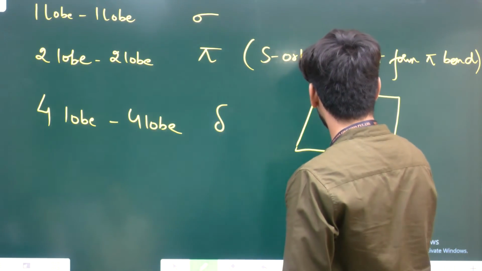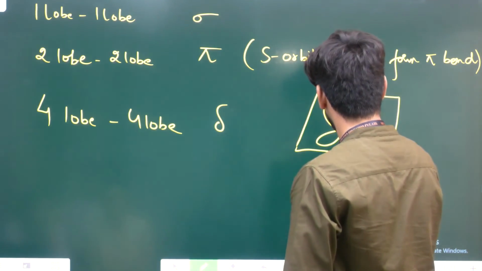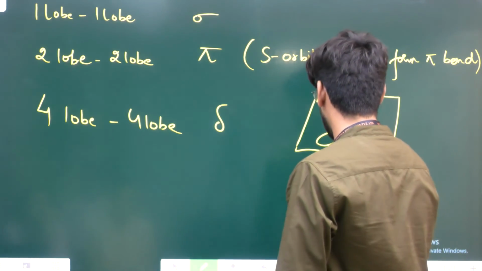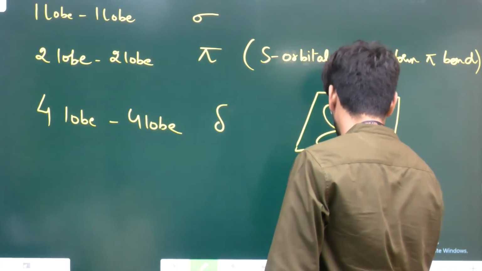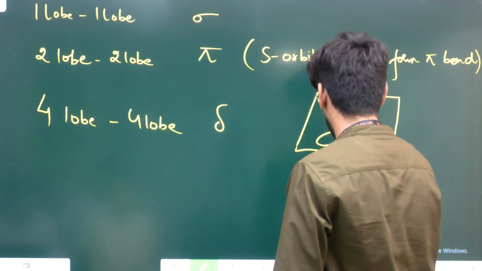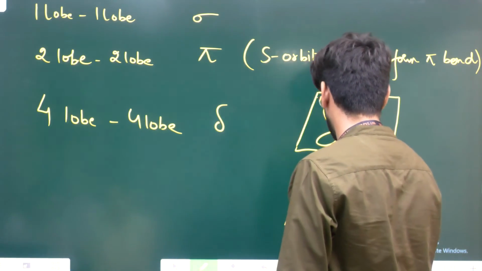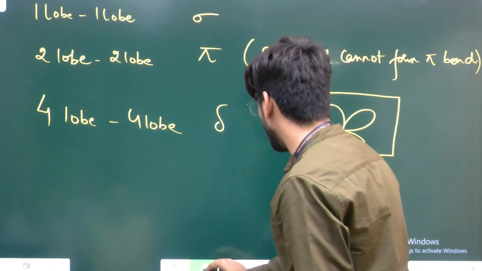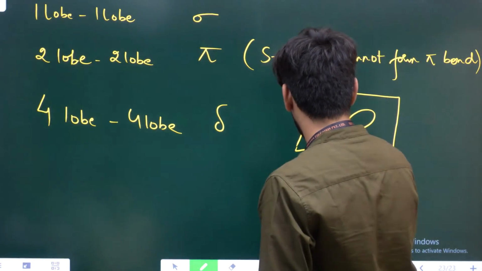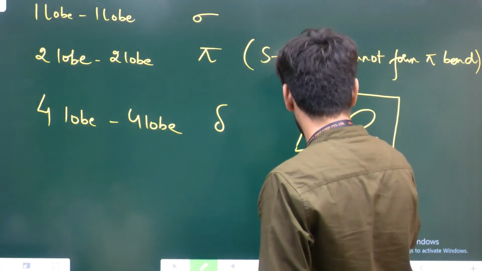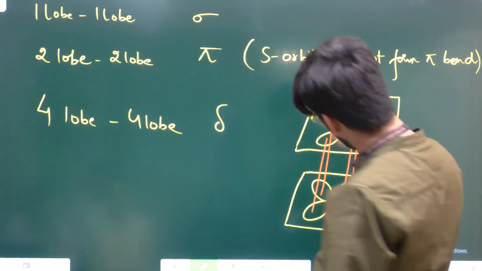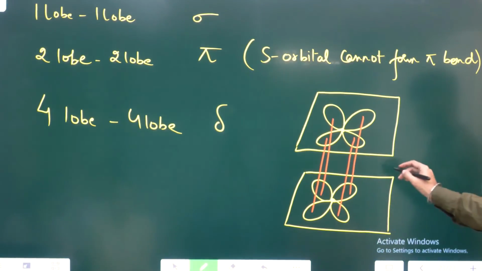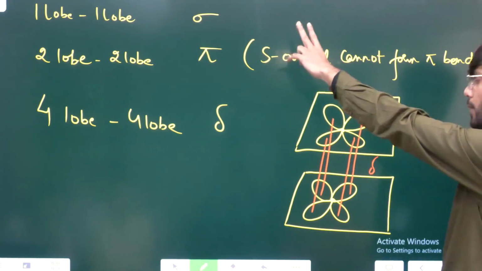I have the D orbital like this. ठीक है? और एक plane ले लो. इसमें भी मेरे पास D orbital है. So four loop से मतलब ये है. This one with this one with this one with this. Four loop interactions. So there is a formation of delta. ऐसे four loop. तो हमें तो उन दोनों से मतलब है.